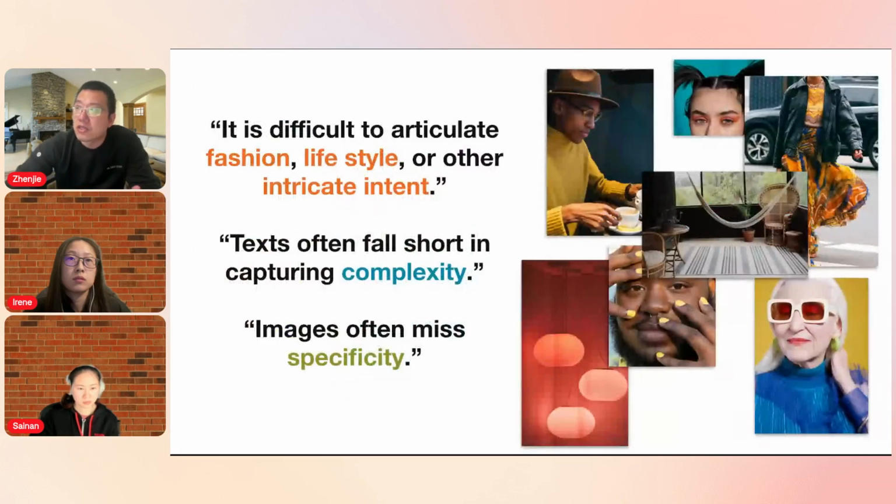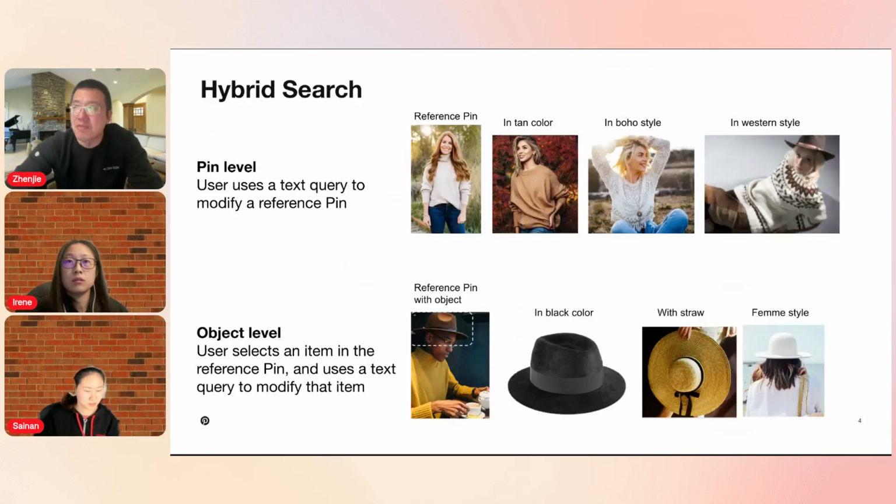So these are some examples here, right? When you see these elements, it's really hard to say what color or what style or even what kind of taste it expresses in these images.